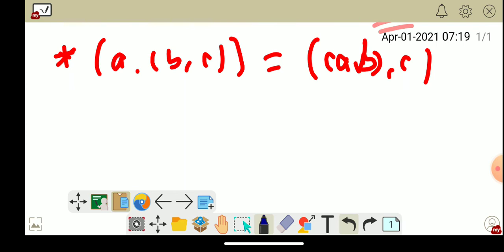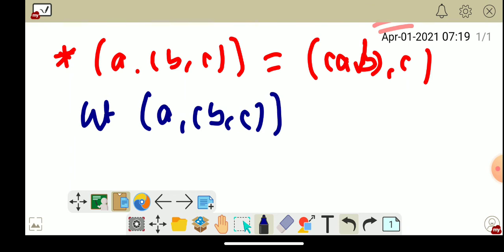Now we can take, let GCD of (A, (B, C)) equal D1. This GCD we can take as D2.